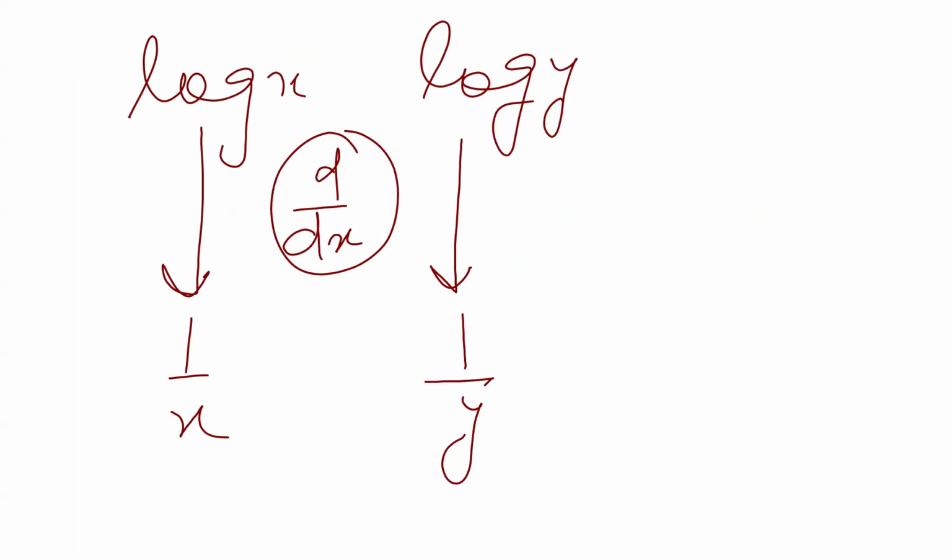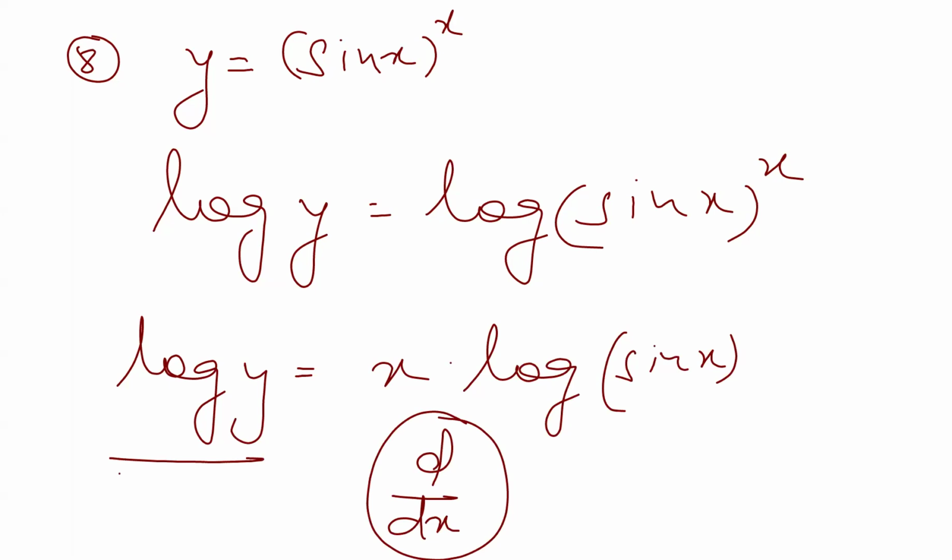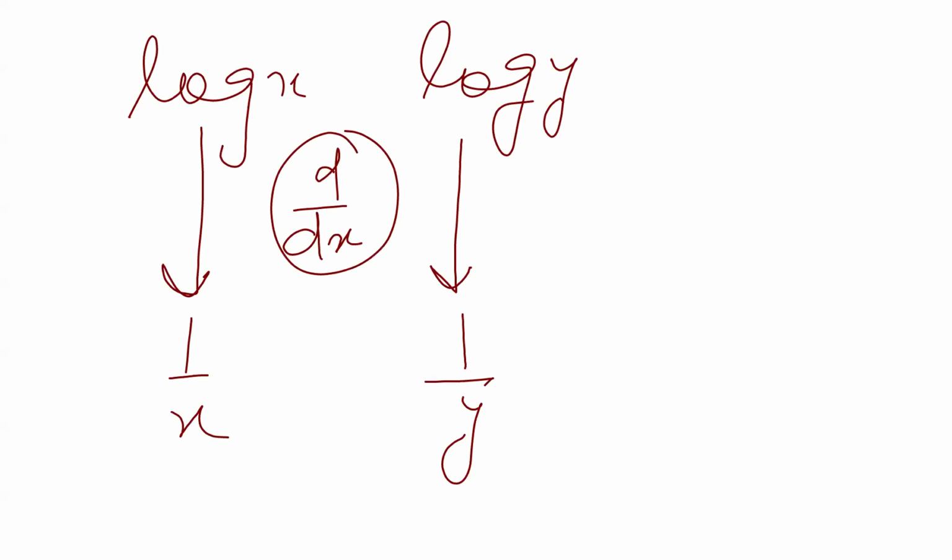Okay, so let's go back to the main slide. So derivative of log y is 1 upon y. But you observe the chain rule over here. What is x getting replaced with? Anyone? What is x getting replaced with? You can put it over chat.